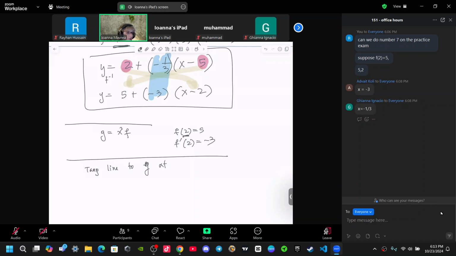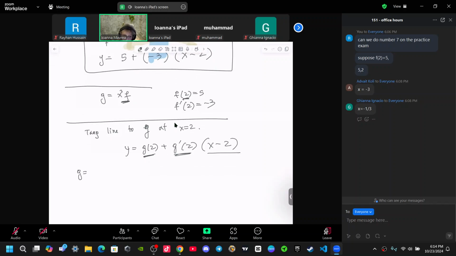Okay, oh, so they want to approximate G of 1. But they do say to you, find the tangent line at 2, because you only know f at 2. So at x equal 2, that tangent line will look like g of 2 plus g prime of 2 times x minus 2. So x minus 2 is done. I need this and I need this, right?